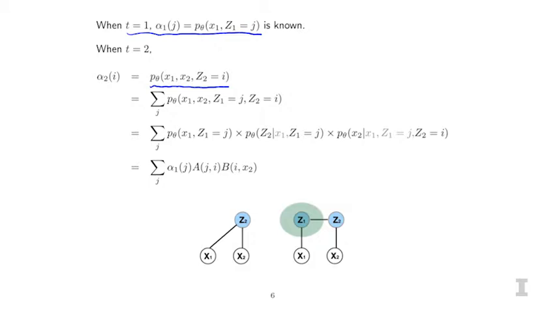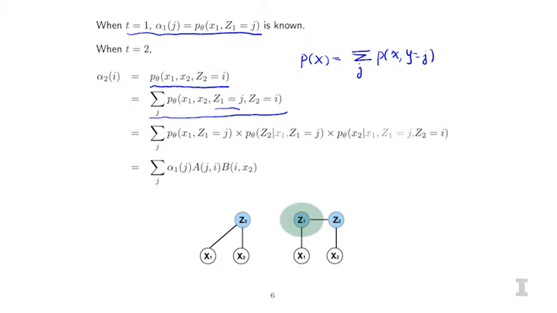We're going to compute that by adding back this latent variable z1 and summing over all its possible values, which is the sum over j. This is just because the marginal distribution of any random variable is always equal to a summation over j of p of x and y equal to j. So this is what we are doing here.